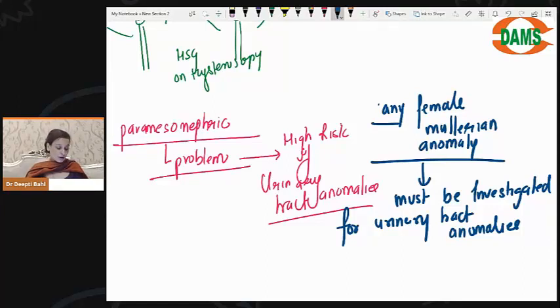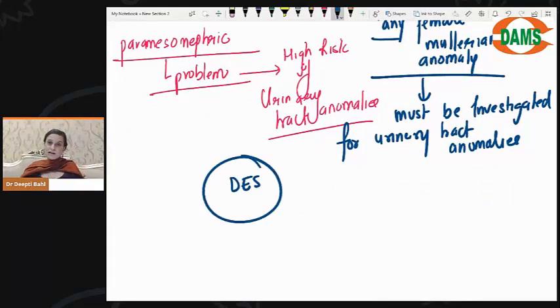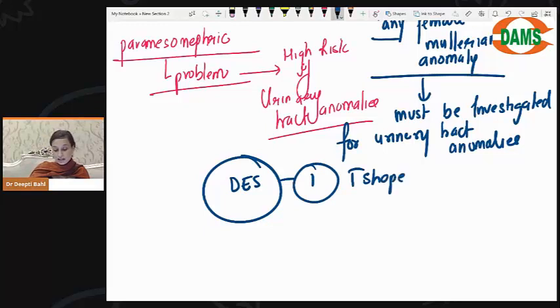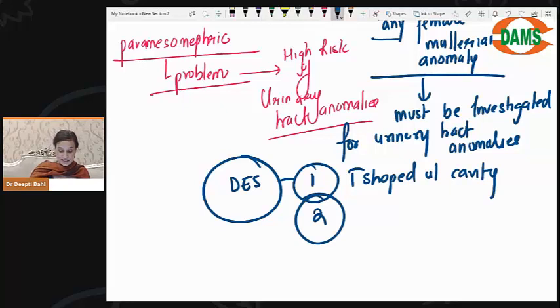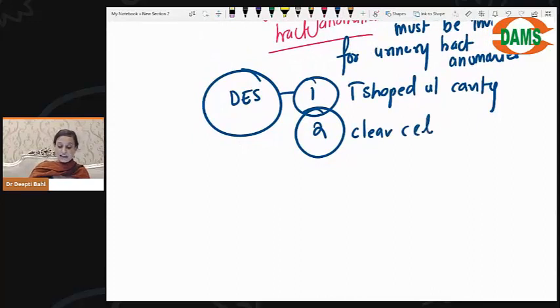Now, please understand, diethylstilbestrol causes one more characteristic thing which is required for exams. So one I told you is T-shaped uterine cavity. The second, it can cause clear cell cancer of vagina, very often asked as an MCQ.